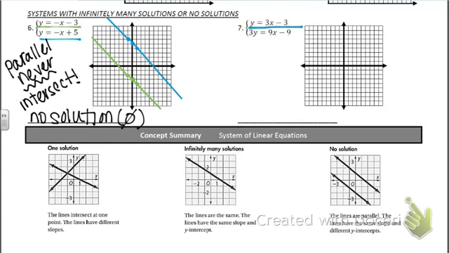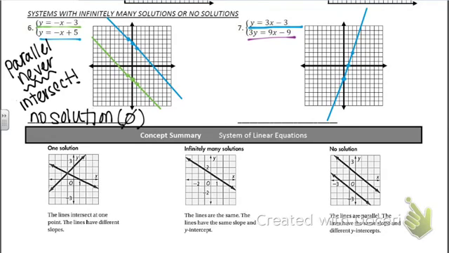Y equals 3x minus 3. That's going to go down 3. And then my slope is up 3 over 1. 1, 2, 3 over 1. So we graph it. Okay, the second line is not in slope-intercept form, so we want to put it in slope-intercept form.